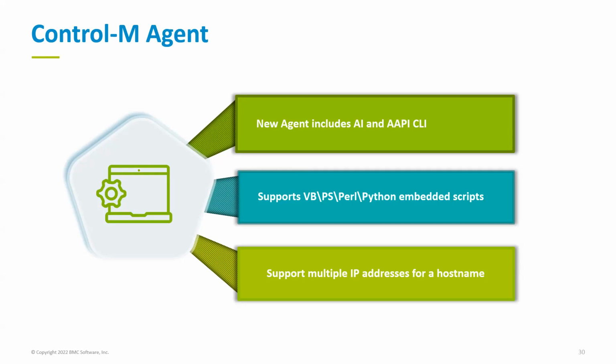When we say multiple IP addresses for the host name, it means the agent can now listen to a socket or connect to the Control-M server interface on an available and open connection as defined in your DNS server.